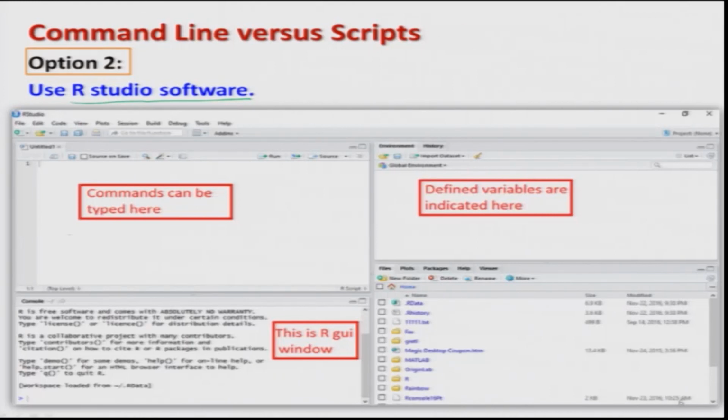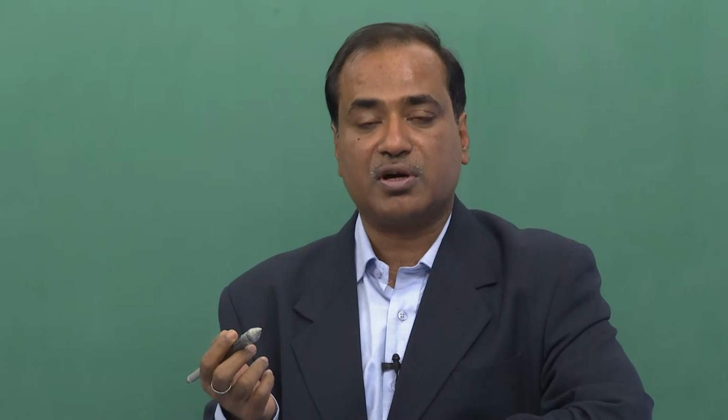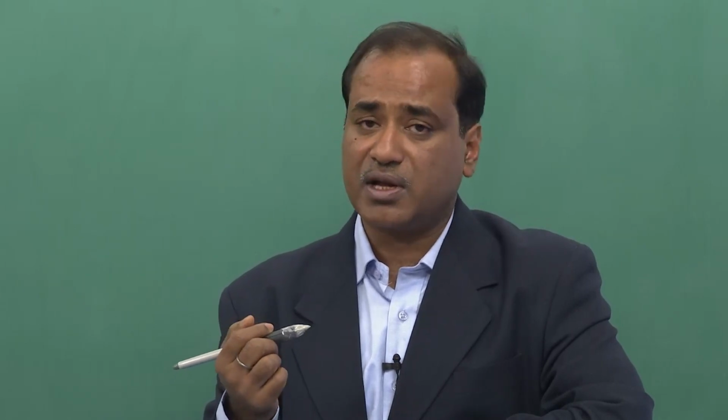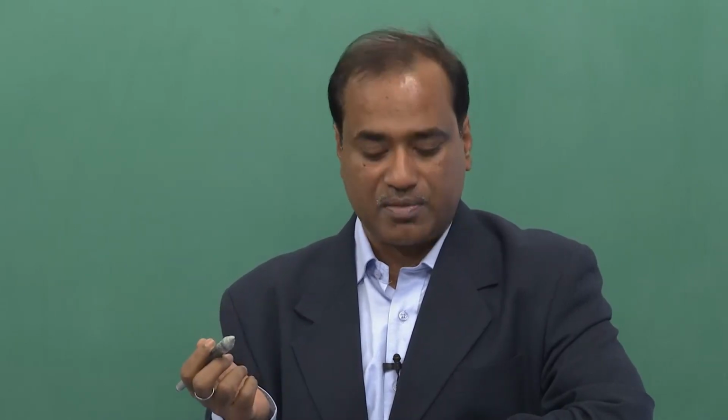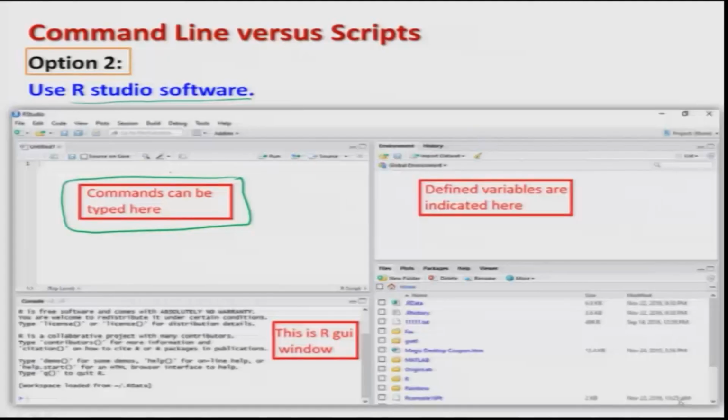You can see that this is the window where we type our commands. Whatever commands we want to execute, either a single line command or a multi-line command or the entire file of commands, we type over here. The second window is this one.